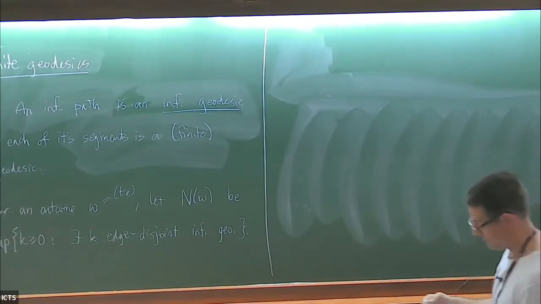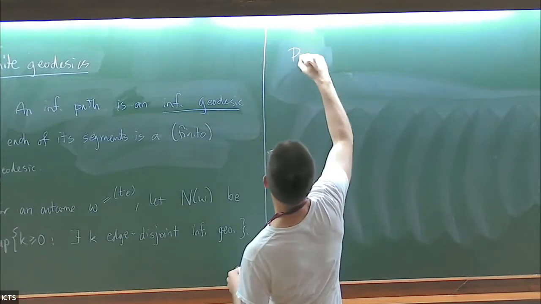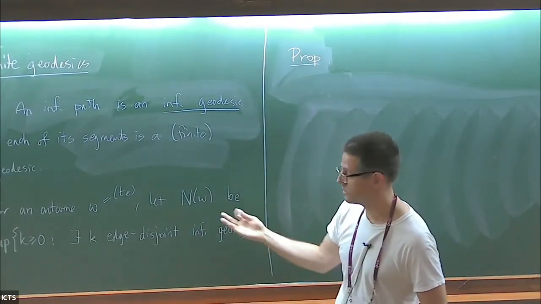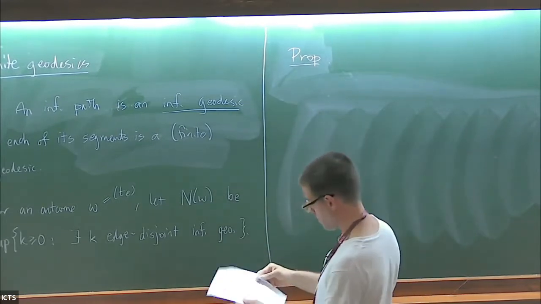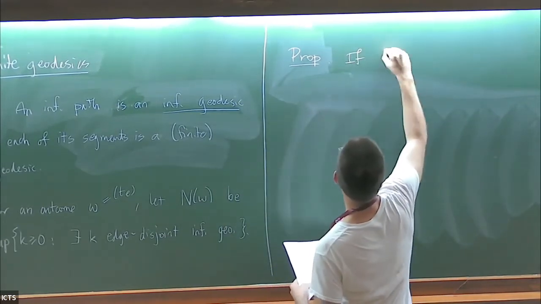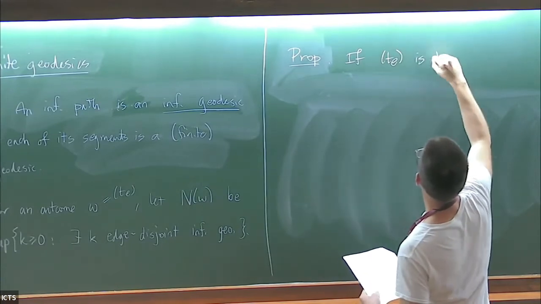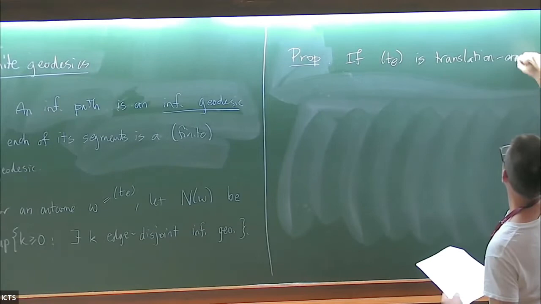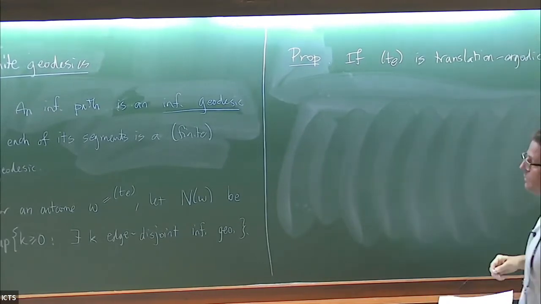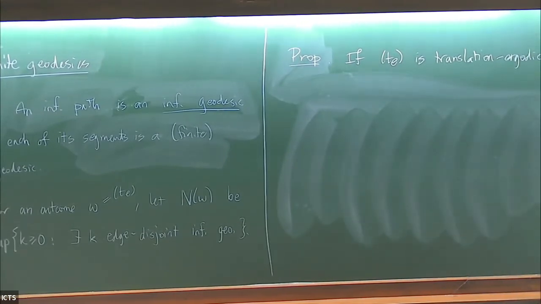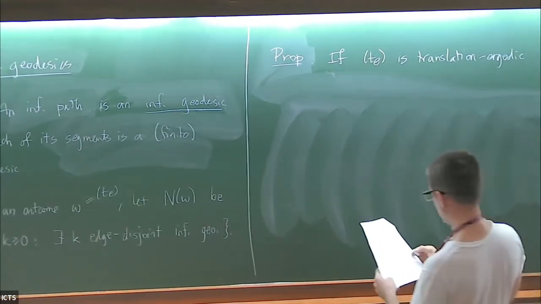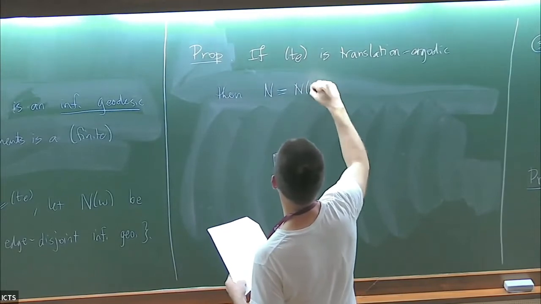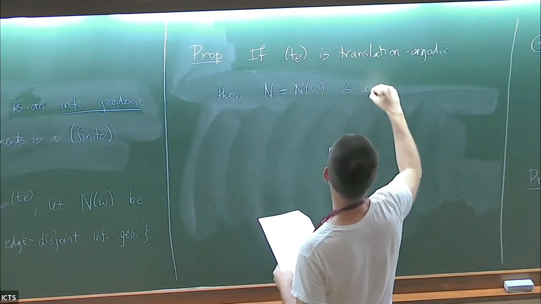Okay, so here's the first proposition about how many are there. The question of how many are there is the question of what is the value of n. So if the distribution of T_e is translation ergodic, for instance, if the T_e are IID, then n, which is n of omega, is almost surely constant.